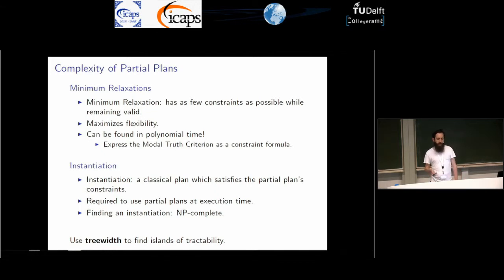Now, as I mentioned earlier, this extra expressiveness comes with a computational cost. So finding an instantiation of a partial plan, no matter how flexible it is, is an NP-complete problem. So being able to express these really flexible plans isn't actually any great benefit. But all isn't lost. We can use the idea of tree width to define islands of tractability.